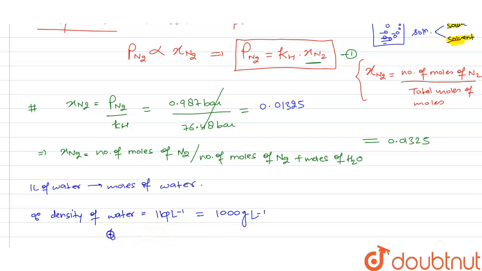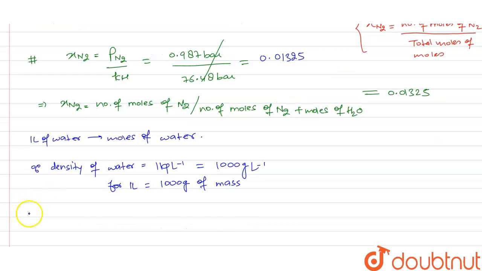So for 1 liter, we can say that it is having 1000 gram of mass. Now, number of moles is defined as given weight or mass upon molecular mass.